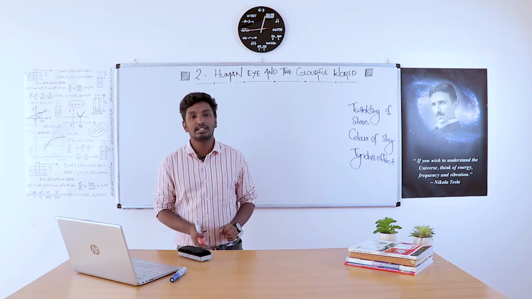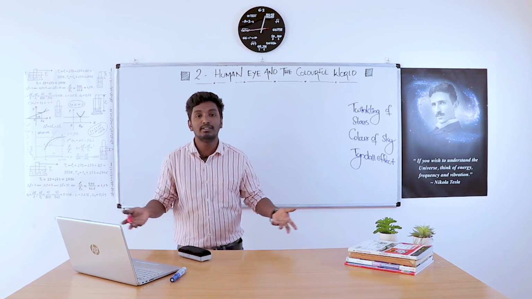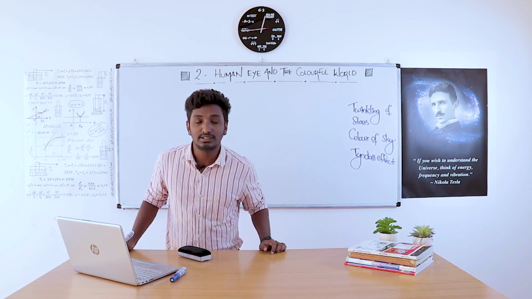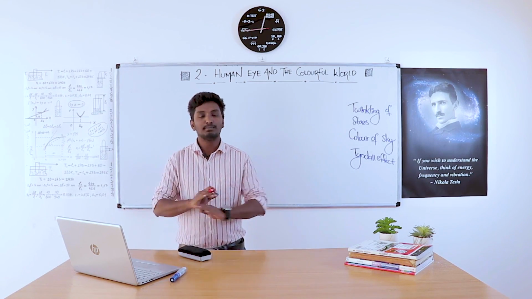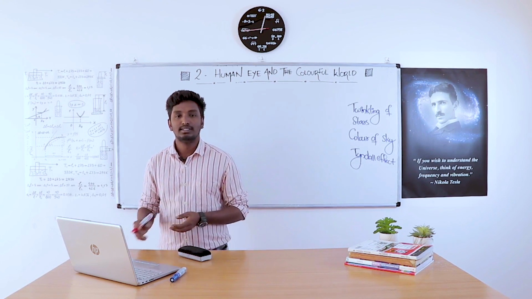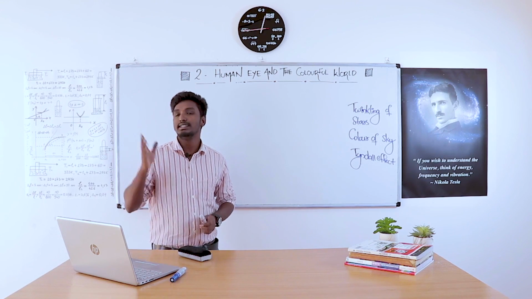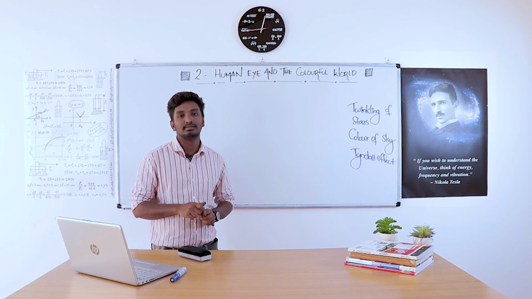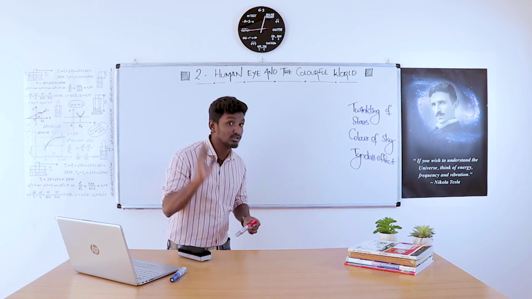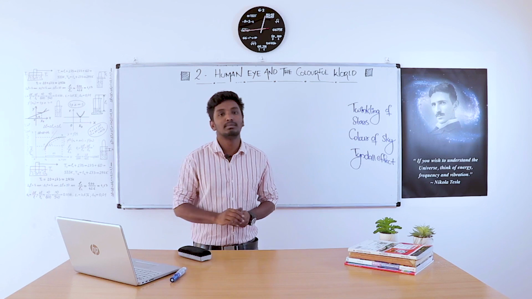If there is no scattering, no color will be seen. Absence of colors, so it is seen as dark. So that's a question: why do astronauts see the sky as dark? Because in space there is no atmosphere, no scattering happens, so it is seen as black.